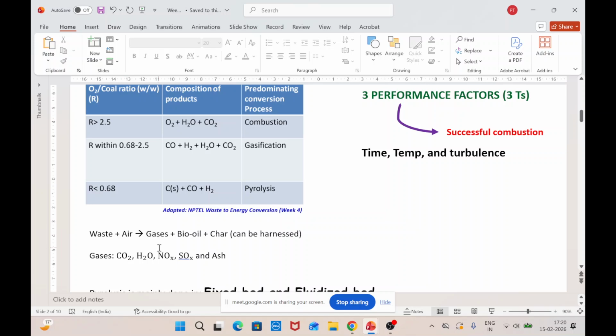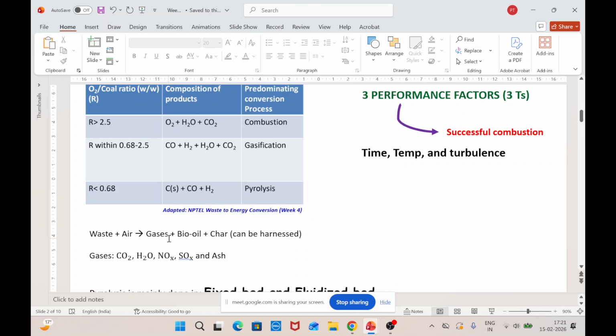The first one is the gas, the second one is the bio oil, and the third one is the char. Char is nothing but the solid carbon particles that get generated out of this pyrolysis process.